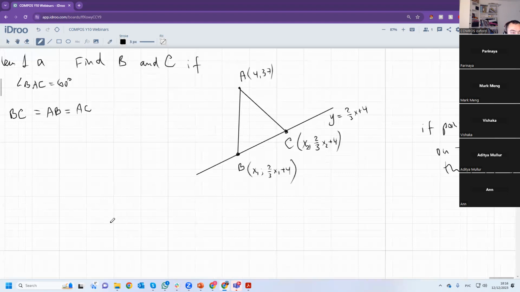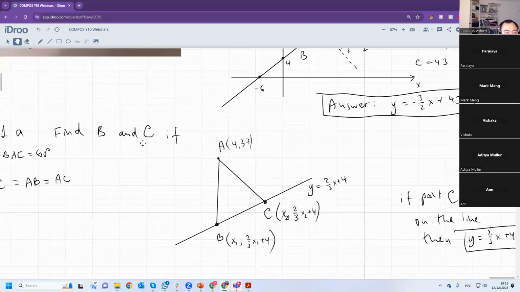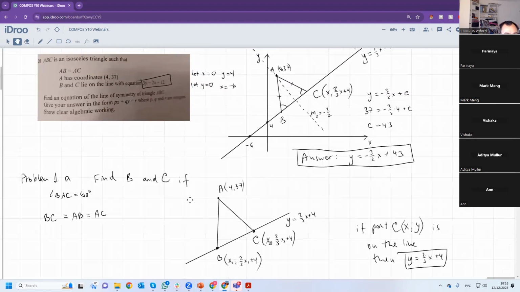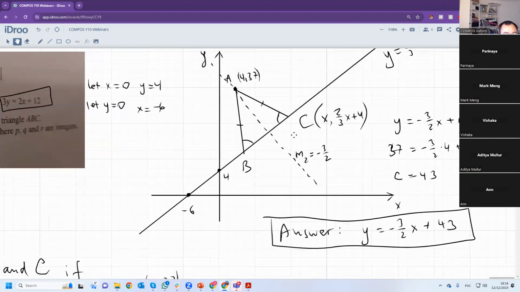AB would be easier to find the point of intersection.